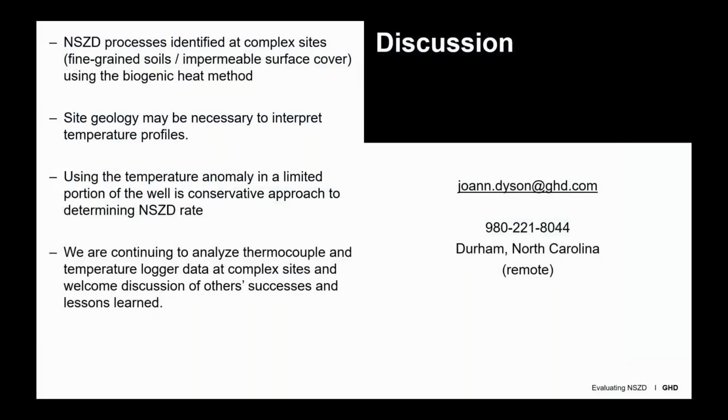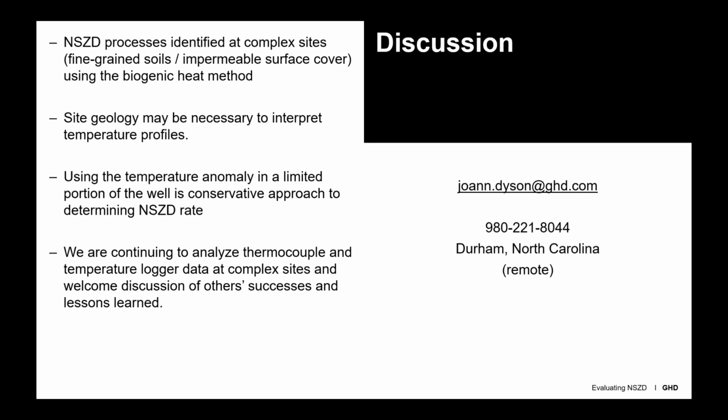So just as a wrap up, we do think that we are identifying NSCD processes at these complex sites, so these fine-grained soils with an impermeable surface cover. Again, your site geology may be necessary to interpret your profiles. And I didn't mention this before, but I think using the temperature anomaly in the limited portion of the well may be a conservative approach to determining NSCD rates.